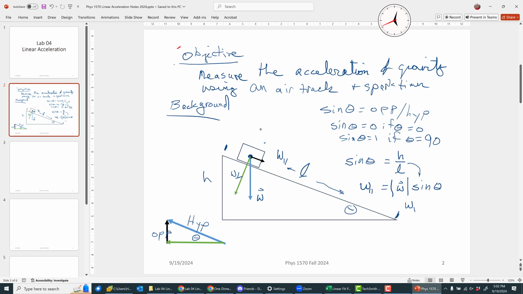So W parallel equals the weight times h over L. Pretty nifty, huh? And I think I've got it all there.